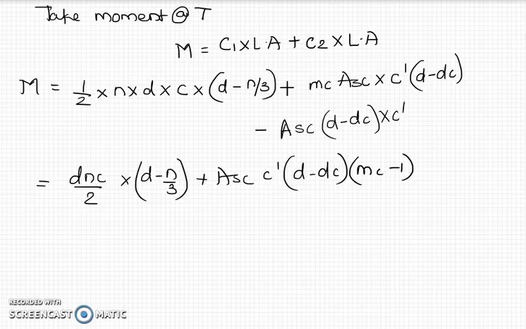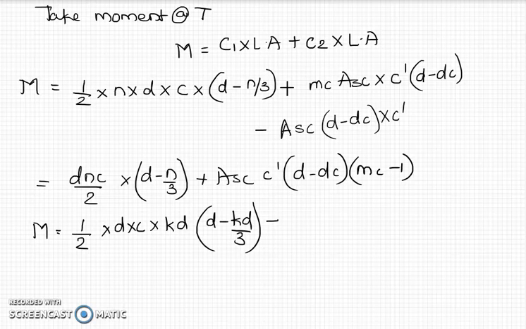Again, if we simplify, or substitute the value of N equal to KD, and take DC equal to A times D, we will be able to write the equation for M as half into D into C into KD, D minus KD by 3.